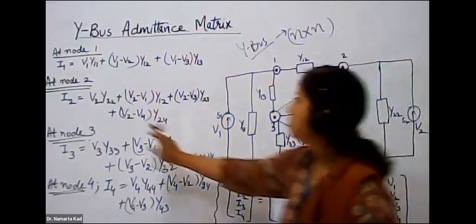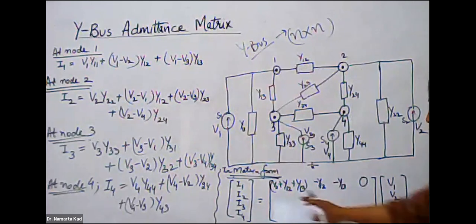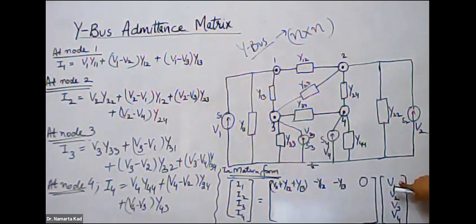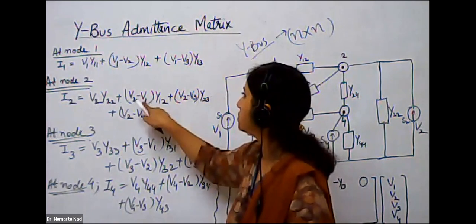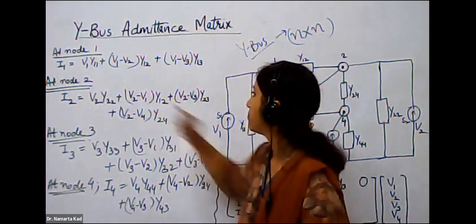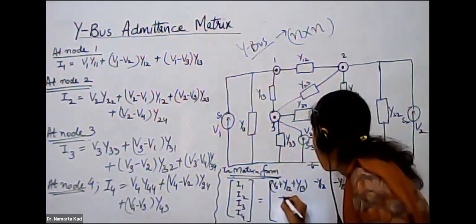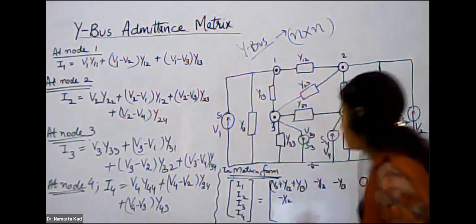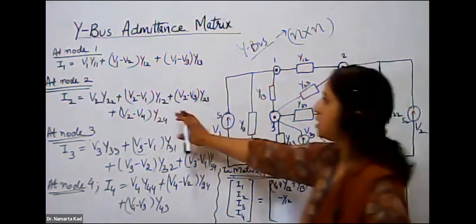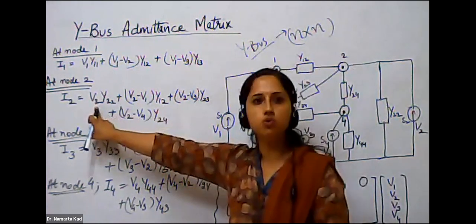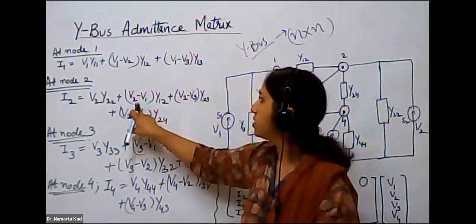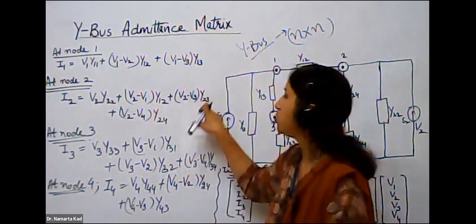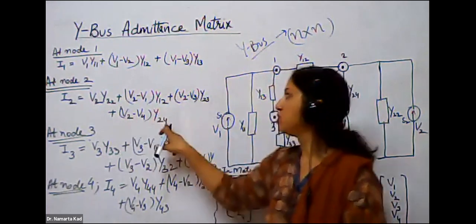Okay. Now similarly write for the second row. Yes, for the second row, which admittance is associated with V1 first? Okay, admittance associated with V1 first. So this one is V2, that is minus Y12 into V1. Okay, so here comes out to be minus Y12. Okay, now the admittances that are associated with V2 are Y22 plus Y12 plus Y23 plus Y24.